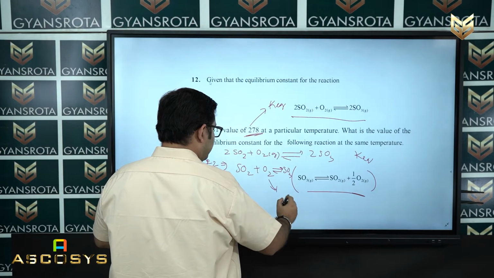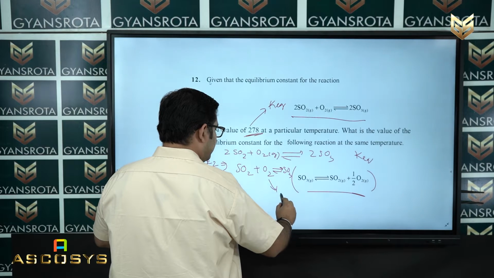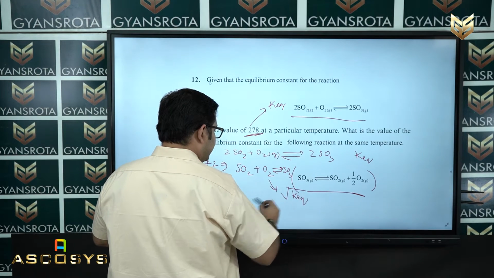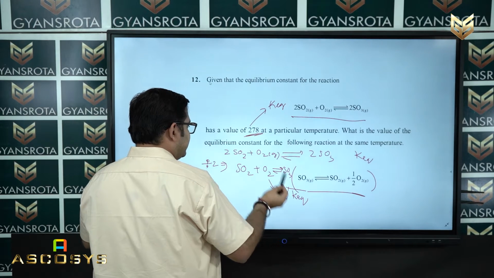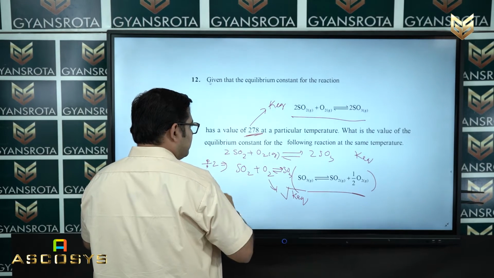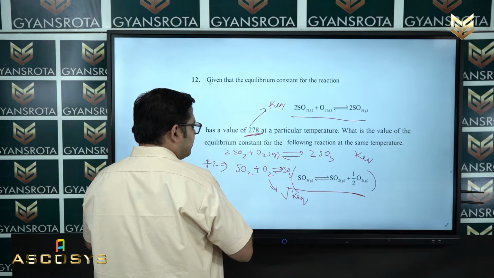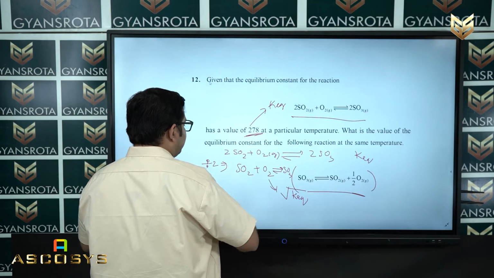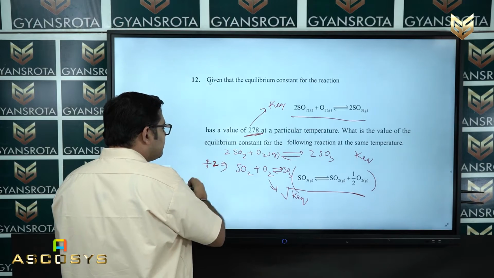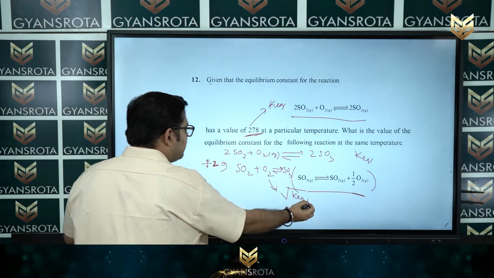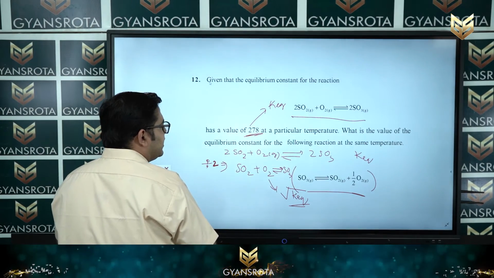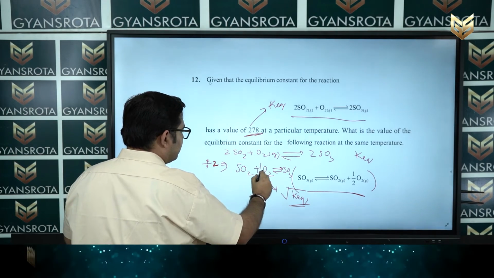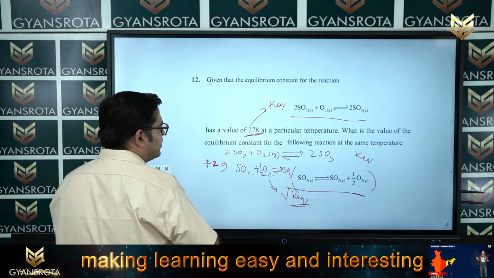Your K equilibrium will be root K, because I already said if any reaction is divided by n, then the new equilibrium constant is the nth root of K equilibrium. In this case it is divided by 2, so that value will be root K equilibrium. Sorry, it will be half O2, because O2 is not there.